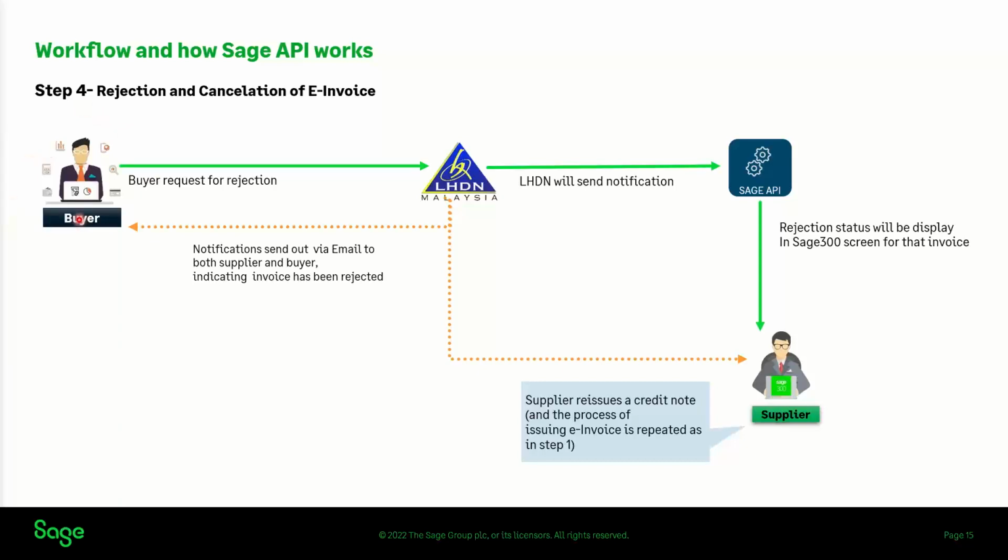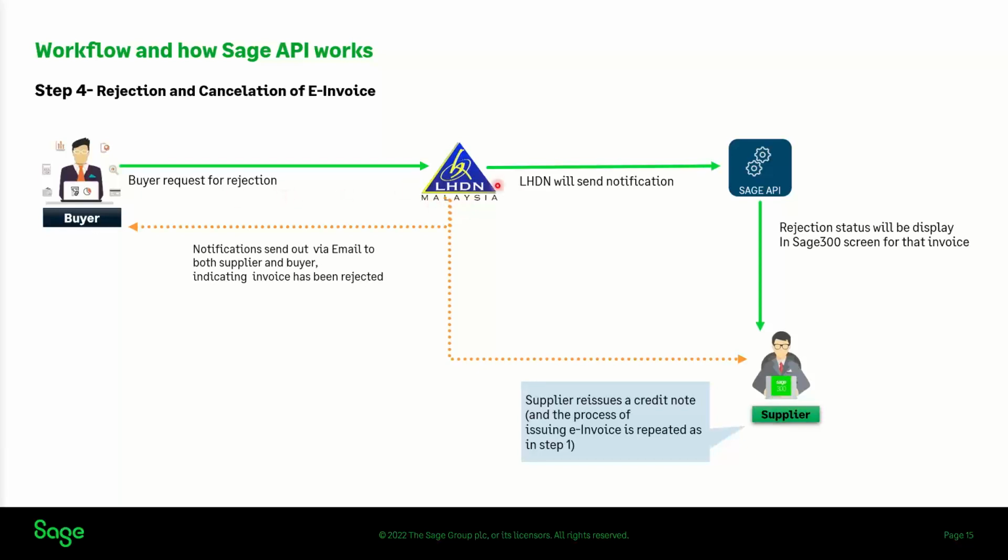If your buyer found your e-invoice has any error and they want to correct it or reject it for some reason, they will request for rejection with a cancellation or rejection reason. They need to state a reason for this rejection and send it to LHDN.